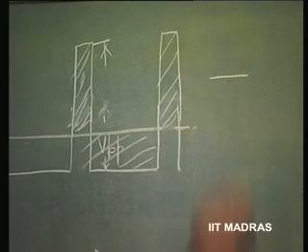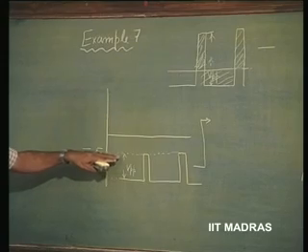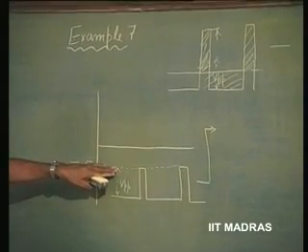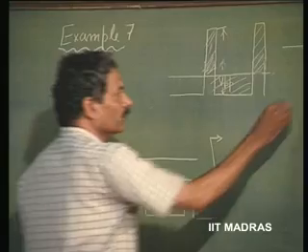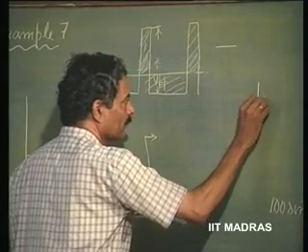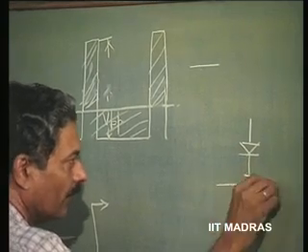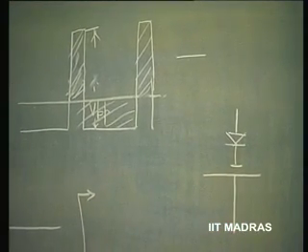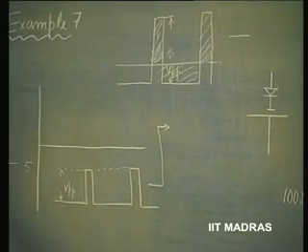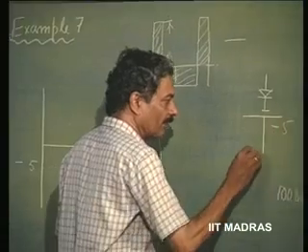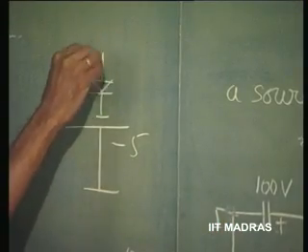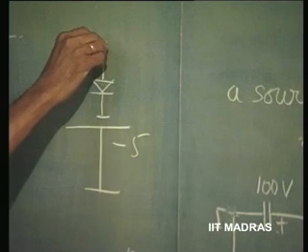Now once again you will see that I should never allow it to become more positive than minus 5 volts. So I should make it conduct as soon as minus 5 volts is reached. This is the logic. So I have this minus 5 volts as the clamping voltage, and I put a diode, so that the diode conducts when this becomes more positive than minus 5 volts.